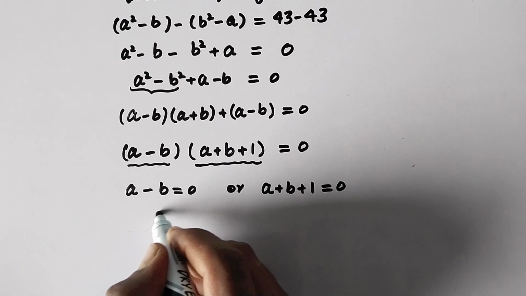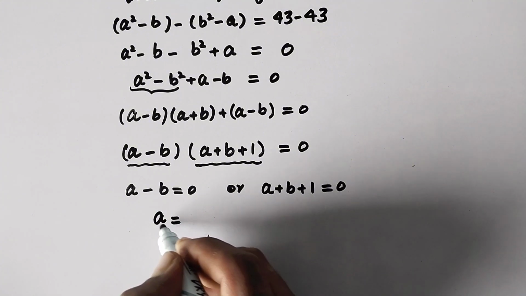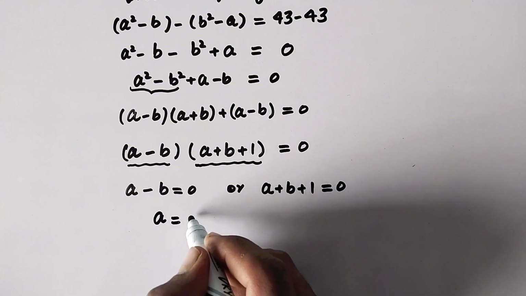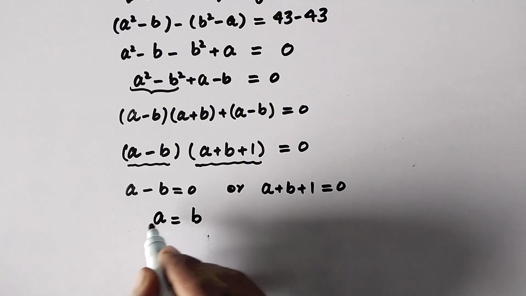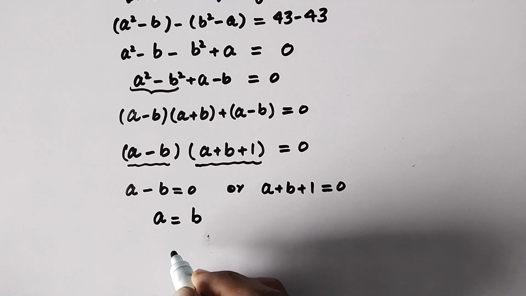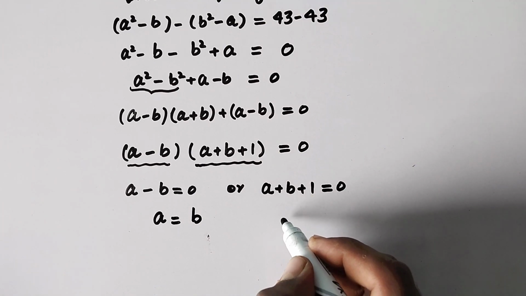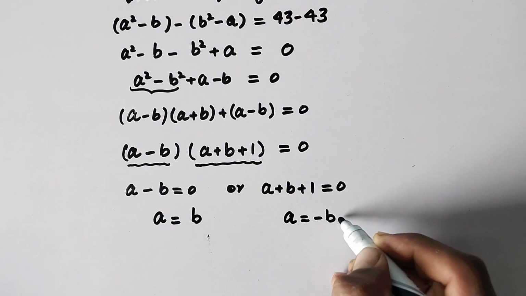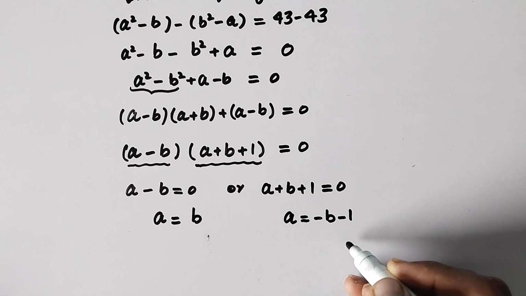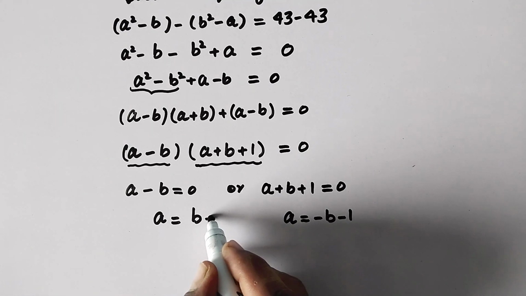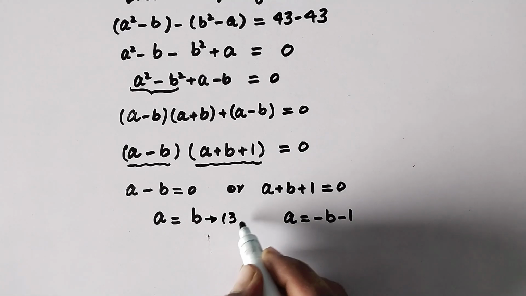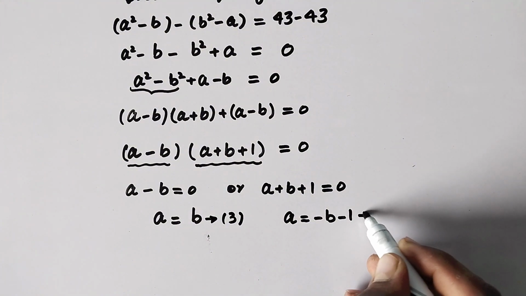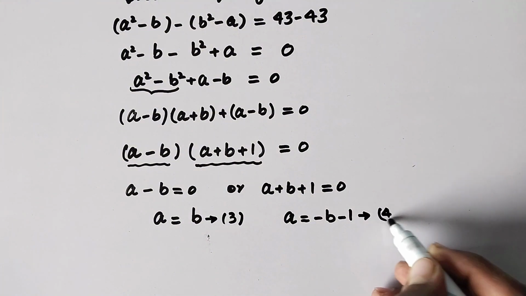Or here a will be equal to b, or a will be equal to minus b minus 1. We will label this equation as equation 3 and this equation as equation number 4.